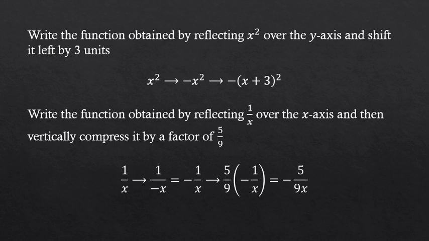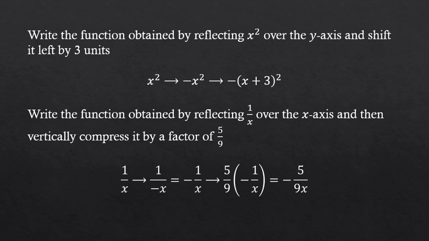So this concludes our video on transformations of graphs. You can take each of these basic functions that we talked about, the identity function, square function, cube function, all those things, and plug them into your TI-83 or TI-84 graphing calculator.